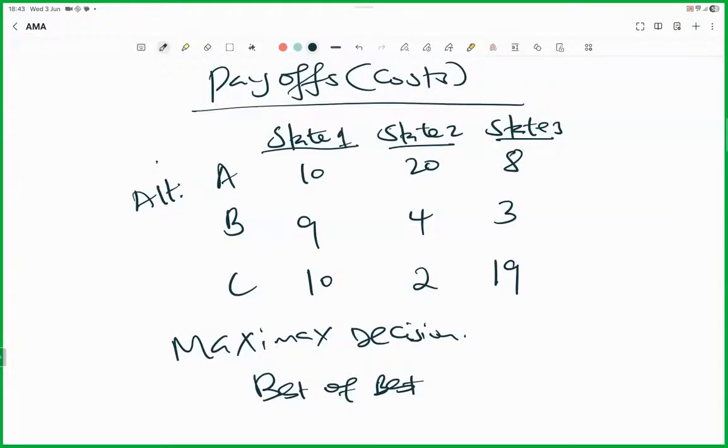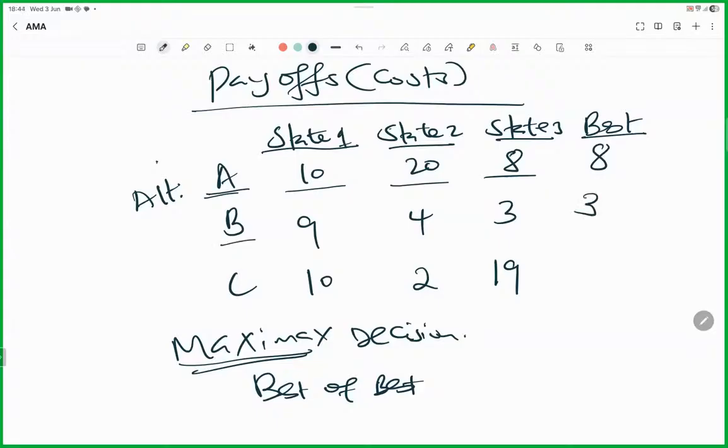Now, first of all, are we in agreement that maxi is best of the best? Profits, we maximize them. But costs, we minimize them. So then come and give us the best cost. If we go for A, the very best cost is what? There are 3 possibilities. 8 is the best, is the lowest. If we go for B, the lowest cost is what here? 3.